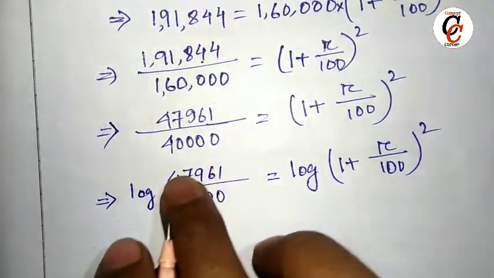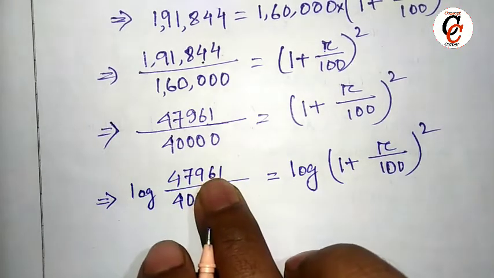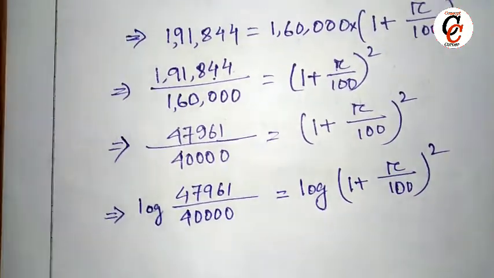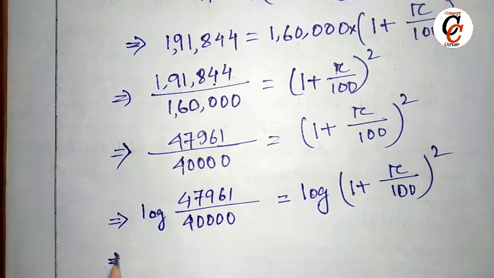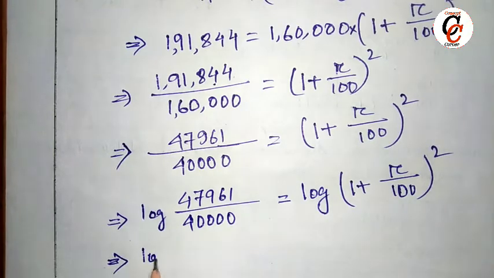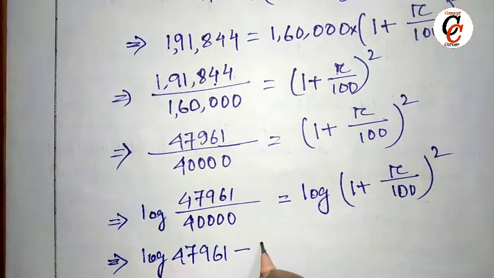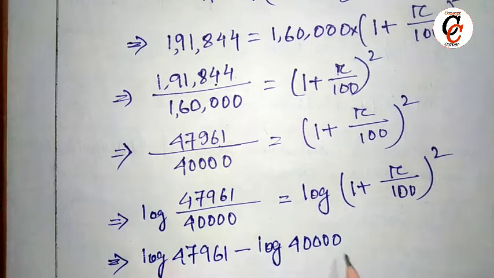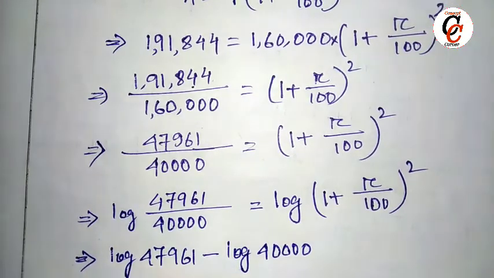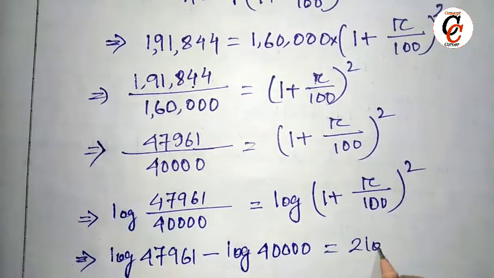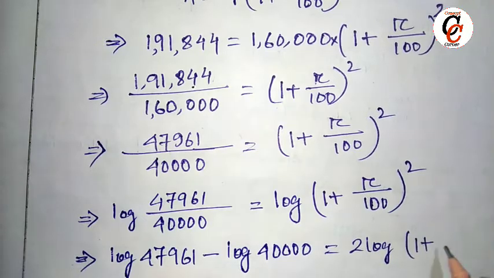Since here it is in the form m by n, that means in fractional form, we can write log of 47961 minus log of 40,000, and here we can write 2 log (1 plus r by 100).